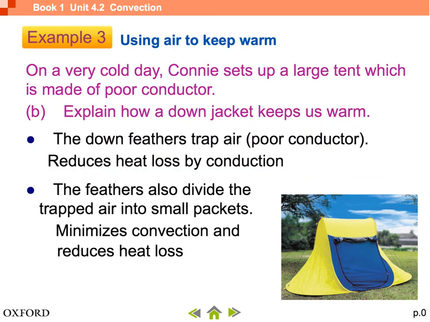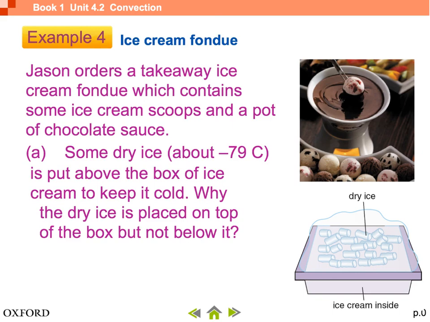Can you explain how a down jacket keeps us warm by considering the feathers and also the small package design of the down jacket? Can you also explain why we put the dry ice above the box of ice cream but not below it?